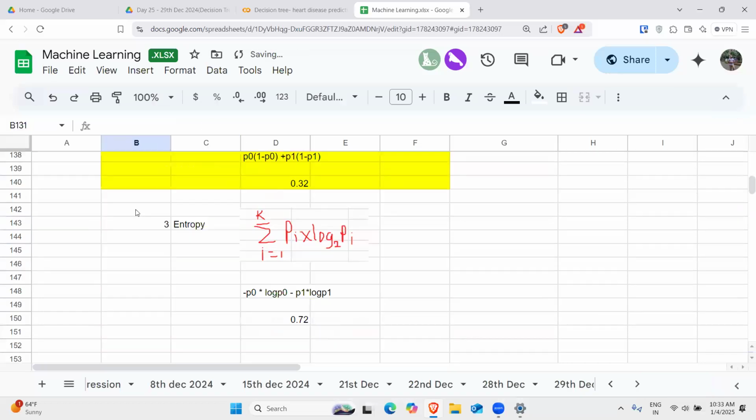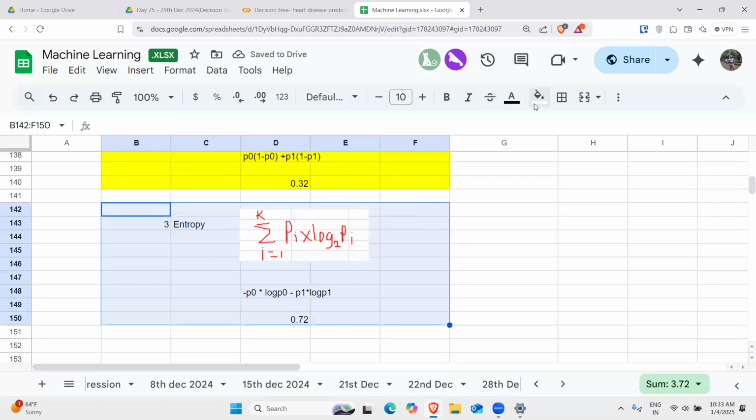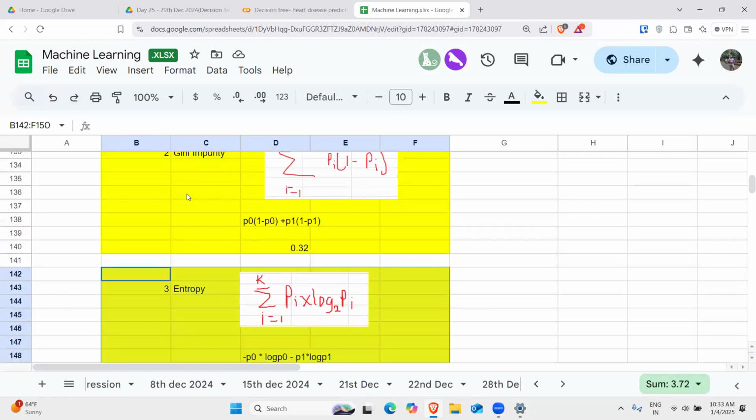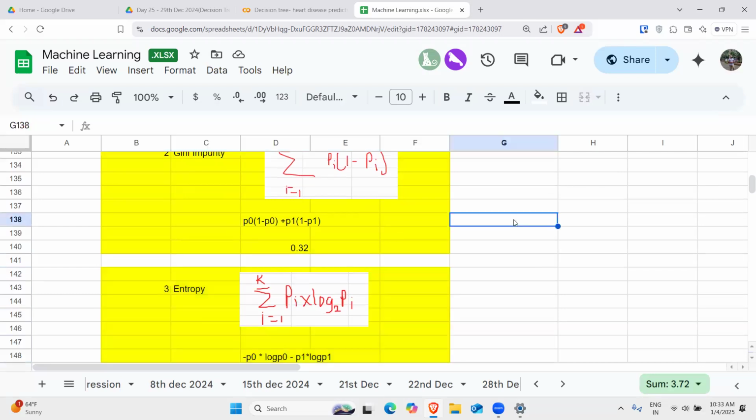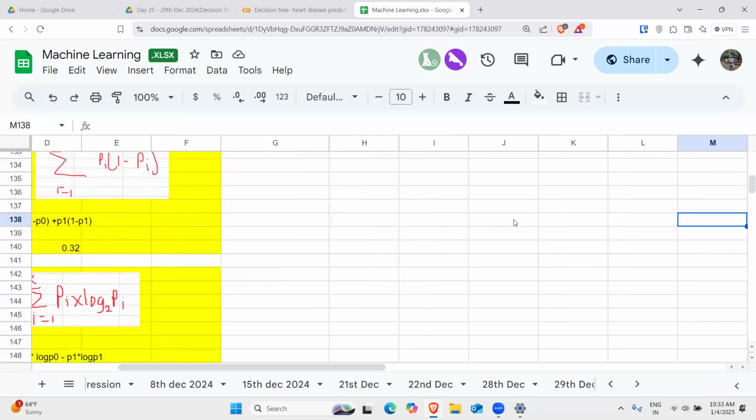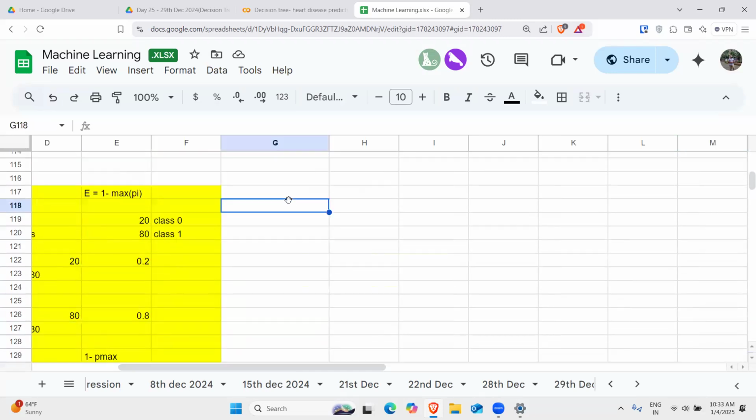So now we have understood the formula and how you calculate that. Now we'll see the significance. What is the importance of this classification error, Gini index and entropy? That is your case one. Let us take case number two to compare this.